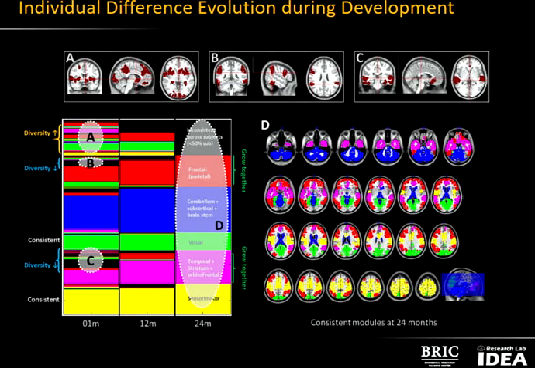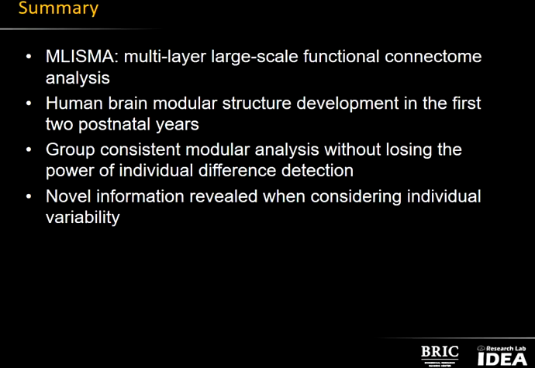We can also check the brain regions which have increased consistency, or decreased diversity, in terms of the module assignment. Also, these regions. In summary, we developed a method called MELISMA, which uses multi-layer large-scale functional connectome analysis to study the module development in the first 2 postnatal years.